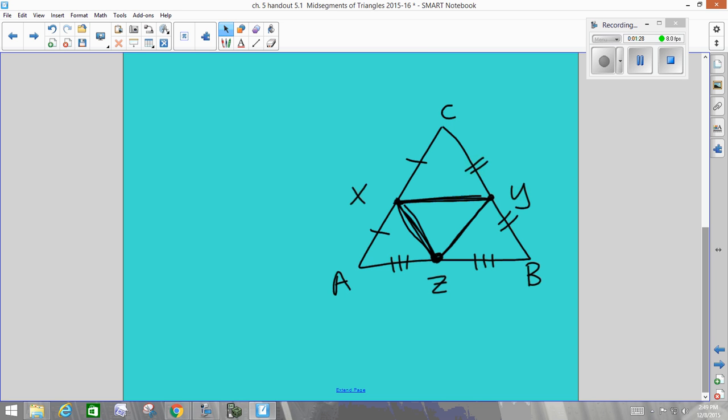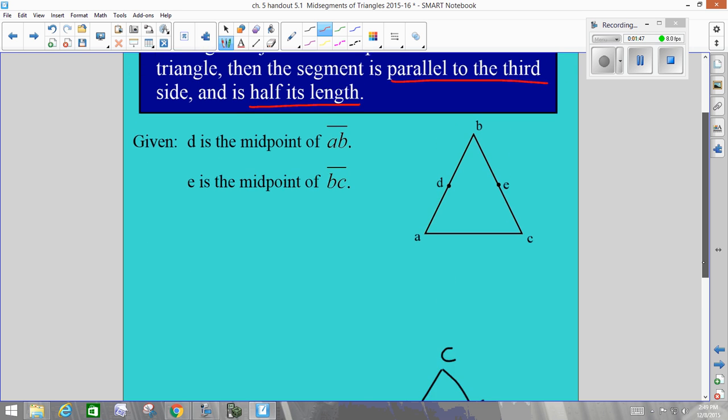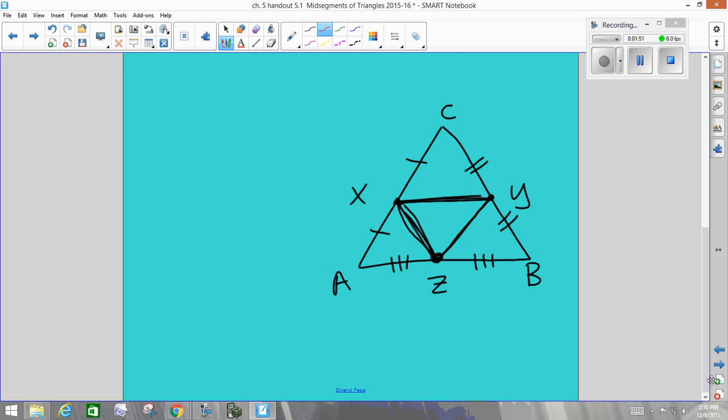Below that triangle, you have your theorem for today, the midsegment theorem, which states, if a segment joins the midpoint of two sides of a triangle, then the segment is parallel to the third side and half its length. Okay. So looking at the triangle that we made there, XY is a midsegment.